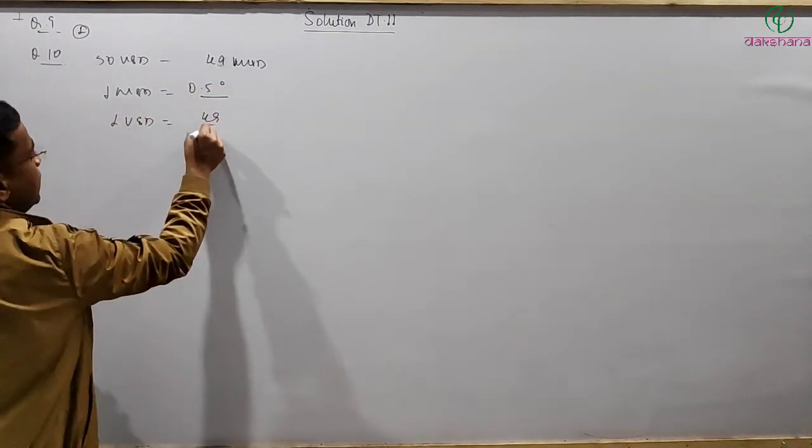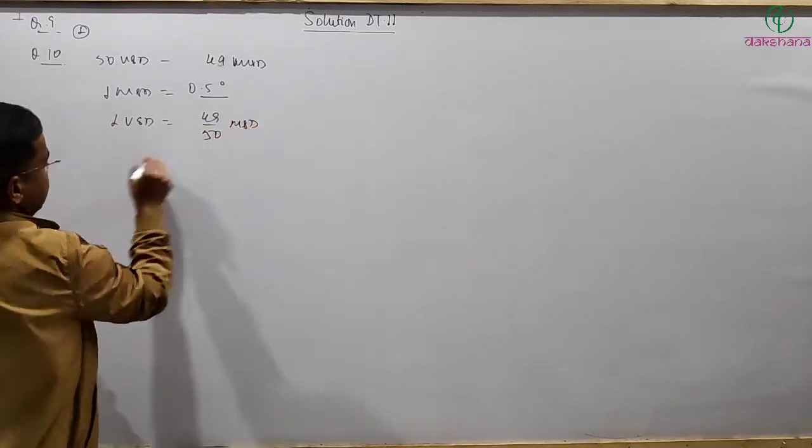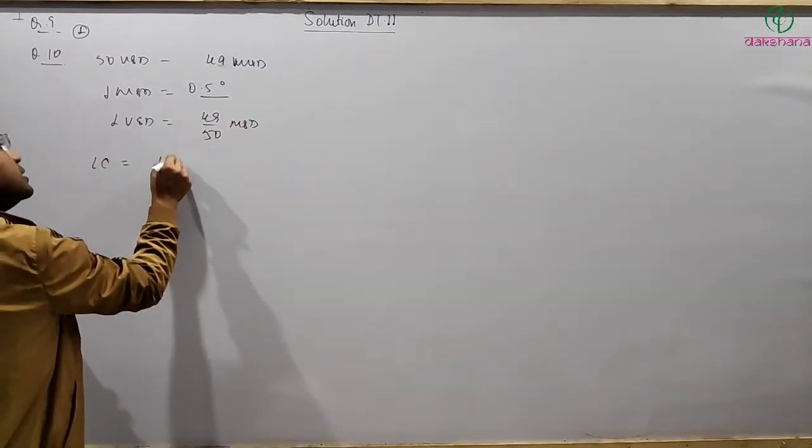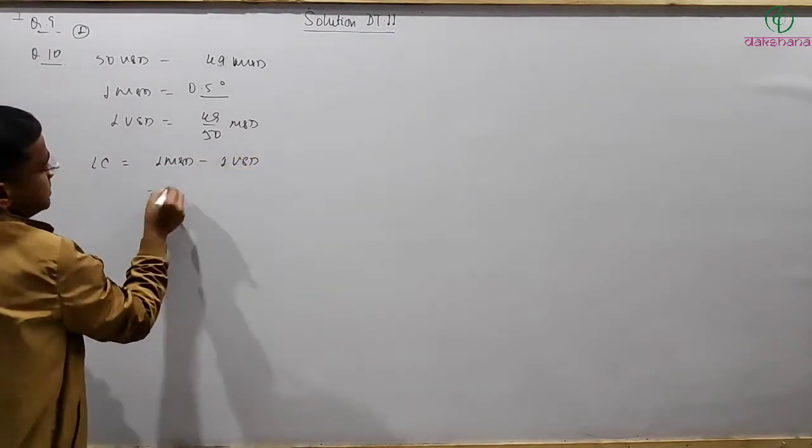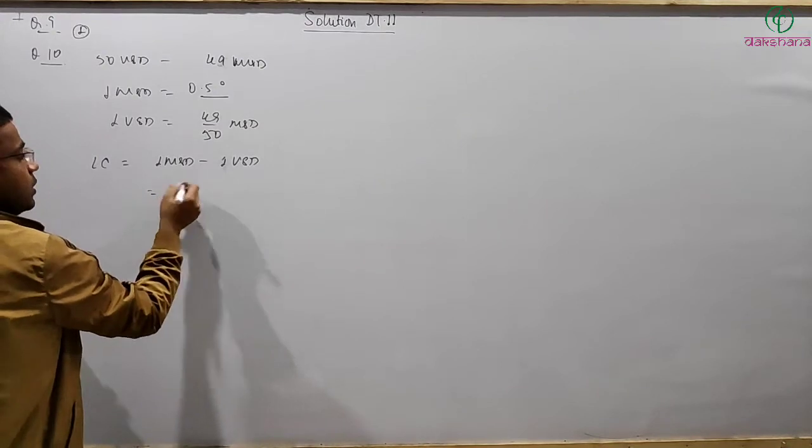This is equal to 49 by 50 MSD, and least count of the vernier scale, this is 1 MSD minus 1 VSD, and this comes out to be basically यहाँ पे ये रख देते हैं.